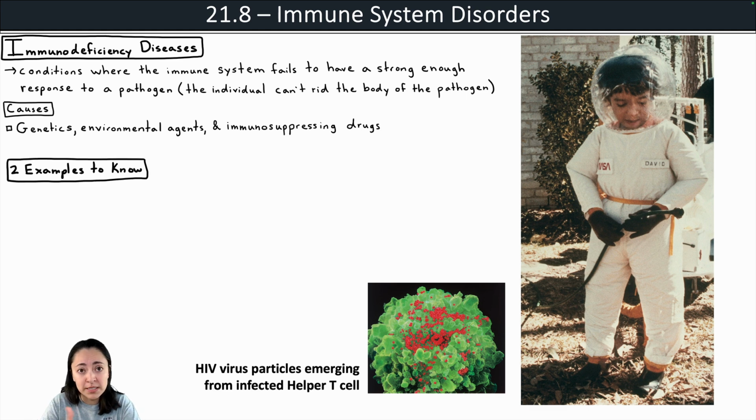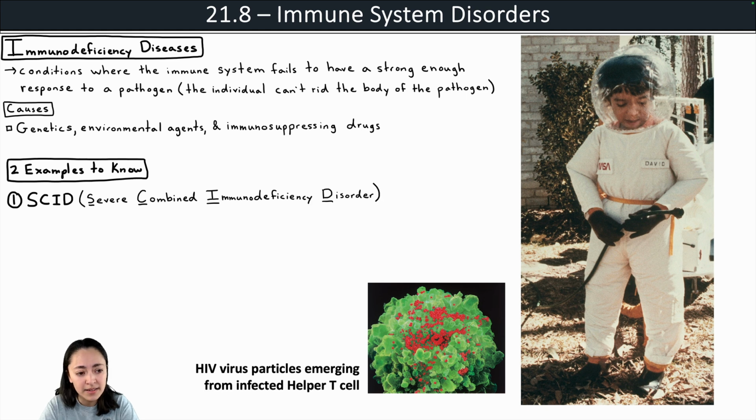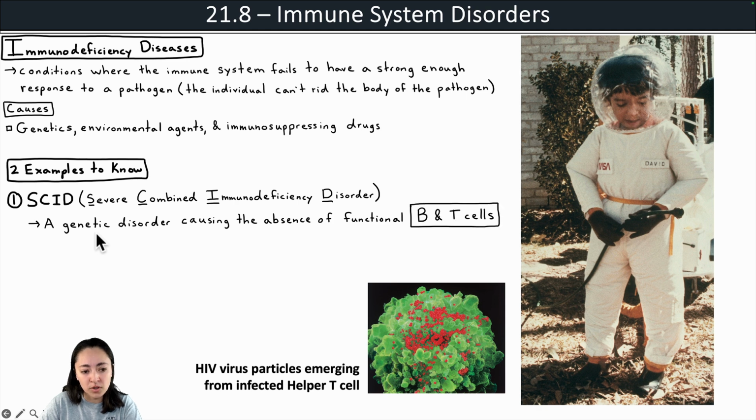Let's look at two specific examples that I want you to know. The first is known as SCID, which stands for Severe Combined Immunodeficiency Disorder. This is a genetic disorder, and it's caused by the absence of functional B cells and T cells. It's caused by a genetic mutation that causes the person to not have functional B cells and T cells. Well, we know B cells and T cells are both important in our adaptive immune response, right?